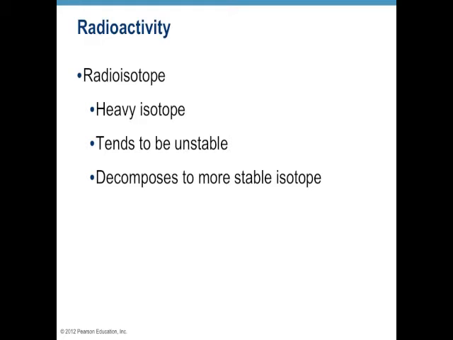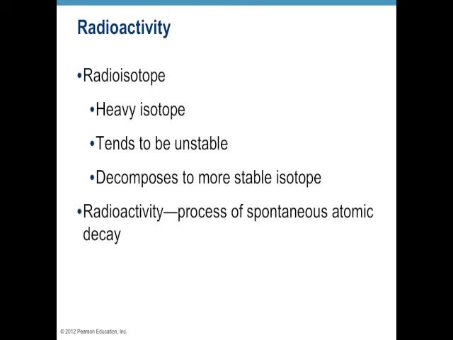Unstable means that an atom is not going to hold its shape or its form on its own. So it's said to decompose until it becomes a more stable isotope. That means this atom is becoming weaker and it's going to go through what we call radioactive decay.